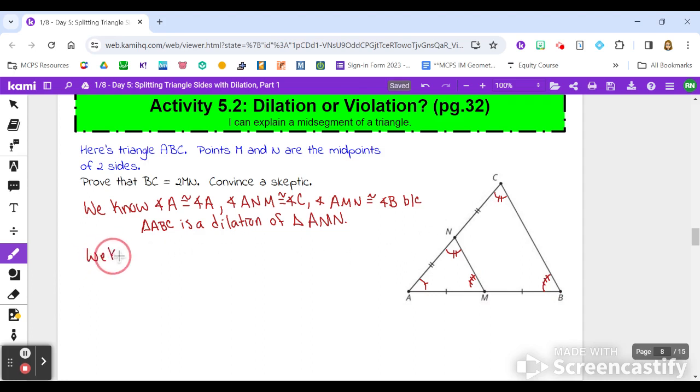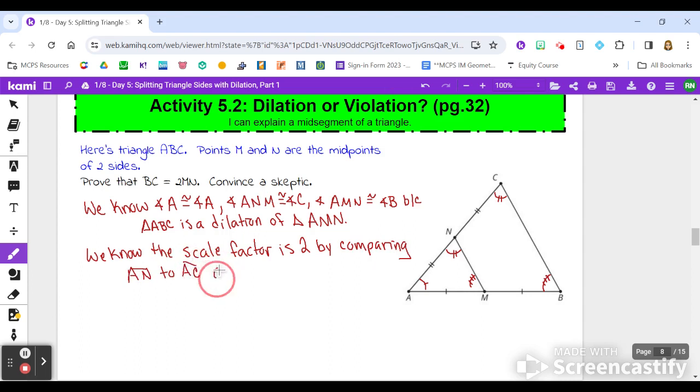So we know the scale factor is 2 by comparing AN to AC and AM to AB.